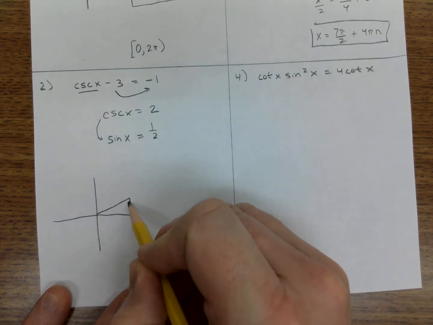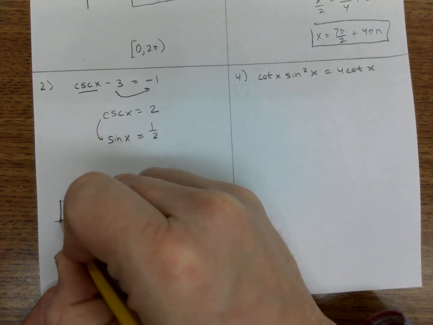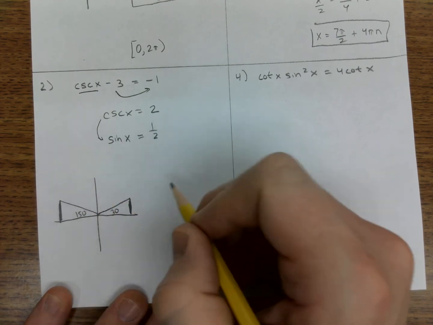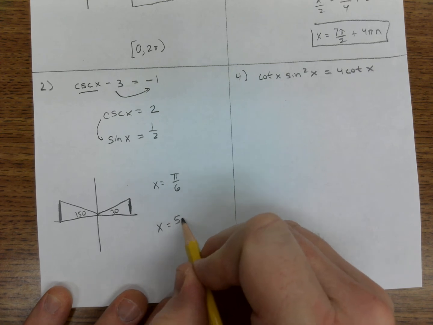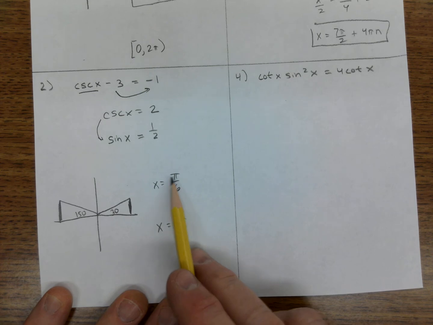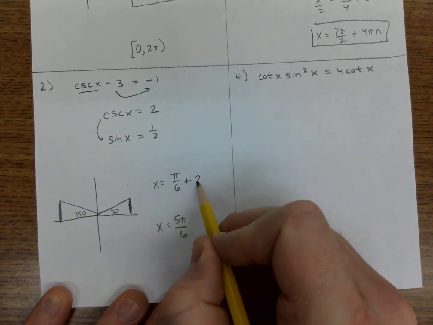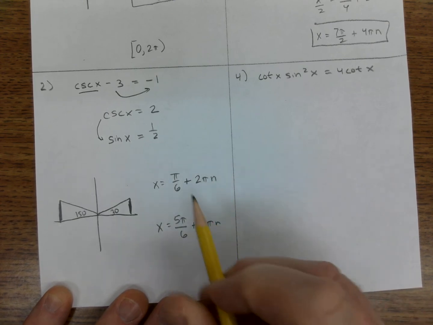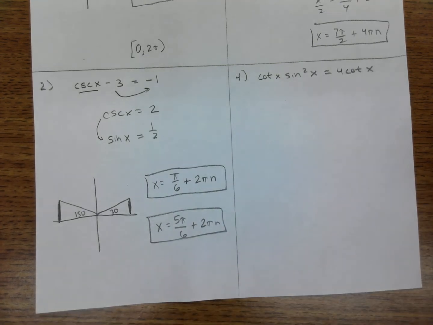Well, sine is this height, so that's that triangle, and that triangle, and that's a 30-degree angle, and that's a 150-degree angle. So x is equal to pi over 6. X is equal to 5 pi over 6. Those are the solutions on the whole unit circle. And if I want to extend it to the general solution, meaning every solution in the world, it is these 2 angles plus trips around the circle.